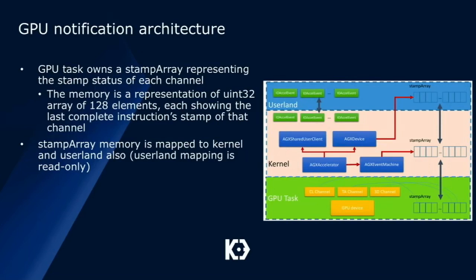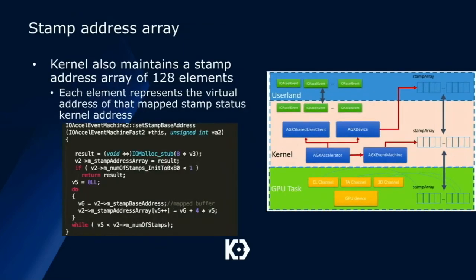This stamp array memory is mapped not only to the kernel, but also to the userland. And of course, the userland mapping is read-only. The kernel also maintains an array called the stamp address array, and this array is very simply constructed by the code below.